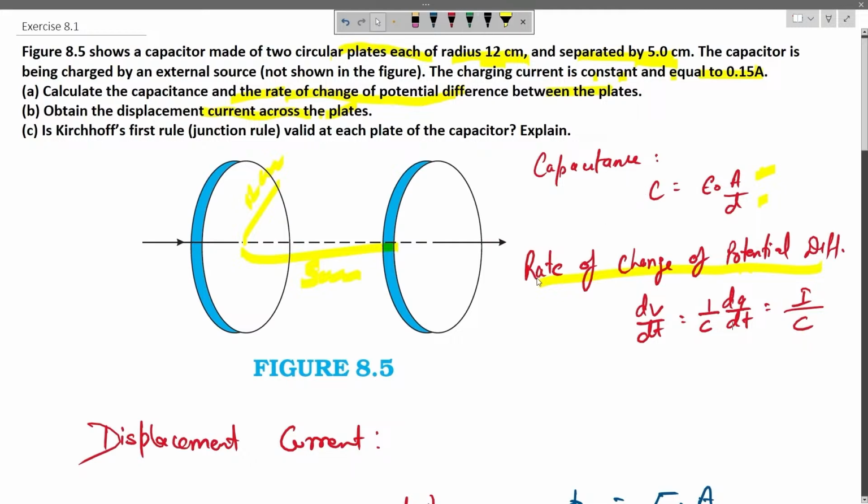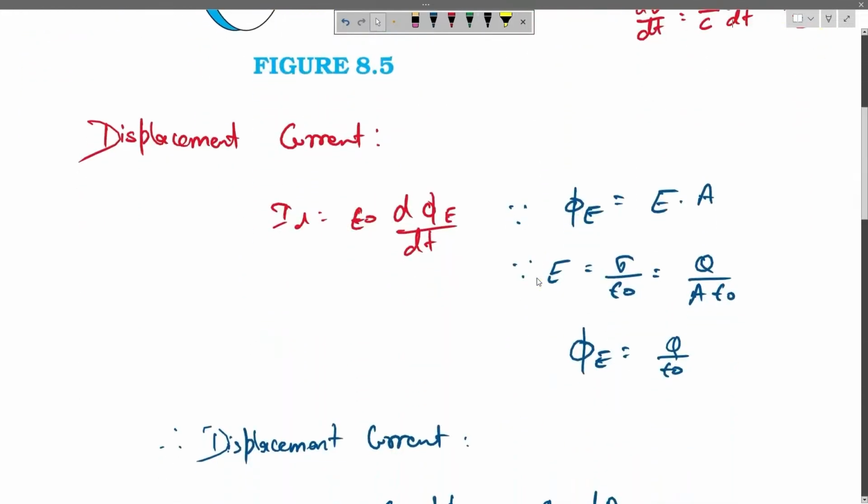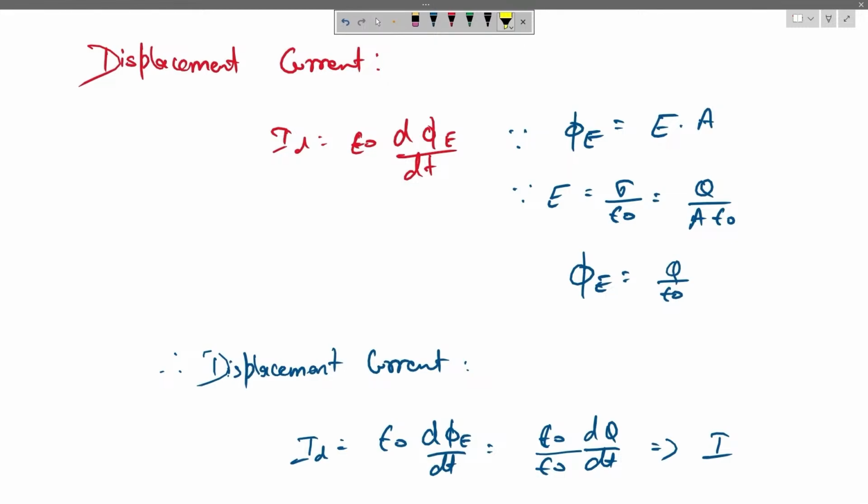Now let's find the expression for displacement current. We know that displacement current is defined as epsilon naught d phi E by dt, the rate of change of flux, and flux is defined as E dot A, the dot product of electric field and the area vector. Now E is defined as sigma by epsilon naught, where sigma is the charge density of the plate, so we can write it as Q by A. If we find the flux, then A will get cancelled out.